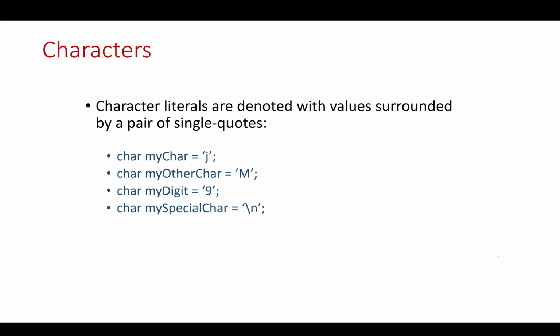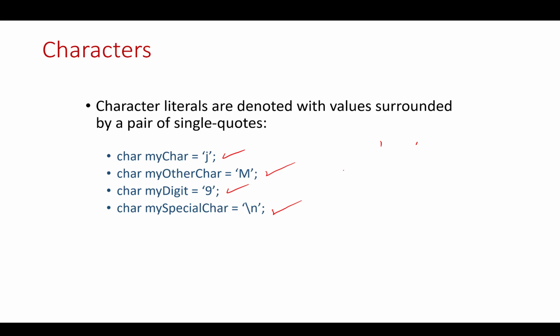We saw declaration. If you want to initialize, the most important thing is that you use single quotation marks and write your character inside. As you see here, I have J, or M capital, or 9, or \n, as we said, which is going to a new line or a return. In all of these I'm doing the declaration and initialization at the same time.